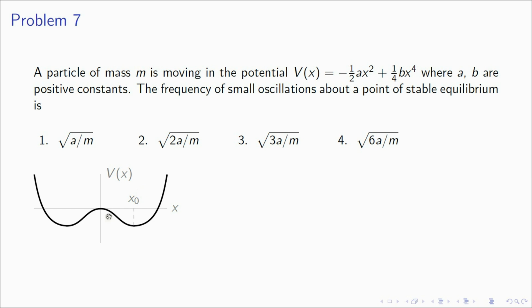So the point is that near this point the expansion will still follow this one, the first order term will still be half a x square. Only that here it is an inverted parabola, and here the parabola sign will be reversed. So if you take a small displacement around this x naught, the V of s will be just this.